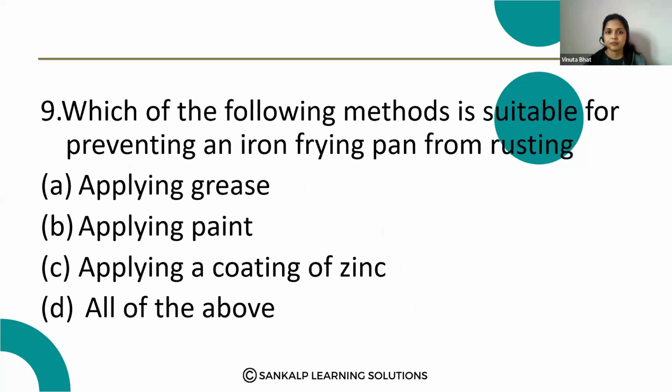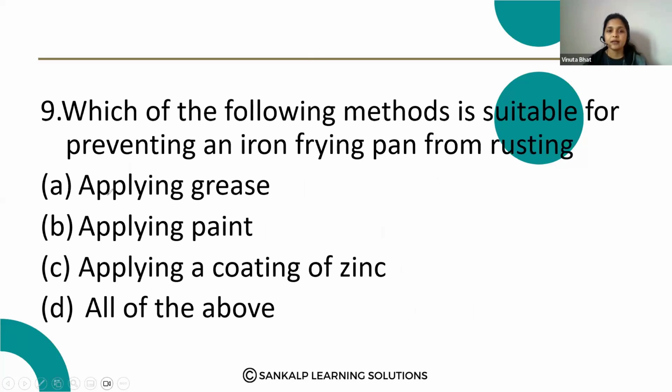Next question. Which of the following methods is suitable for preventing an iron frying pan from rusting? Applying grease, applying paint, applying a coating of zinc, or all of the above.